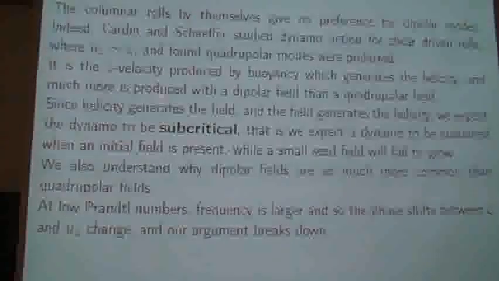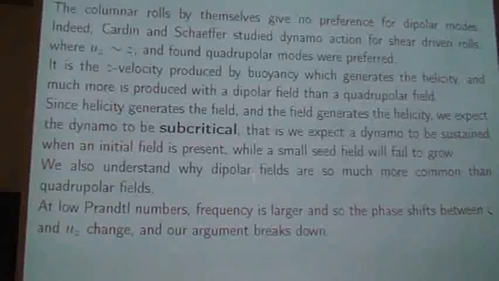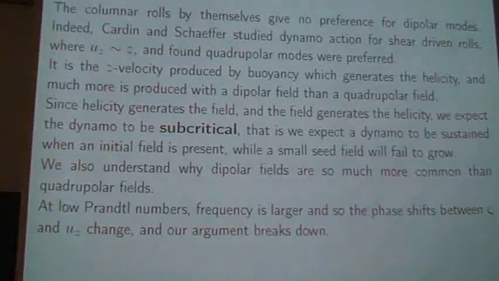And there was some previous work, a couple of years ago now I guess, by Cardin and Nathaniel Schaeffer. They looked at dynamo action in the roll kind of configuration, just like I've got here, but it was driven by shear rather than driven by buoyancy.